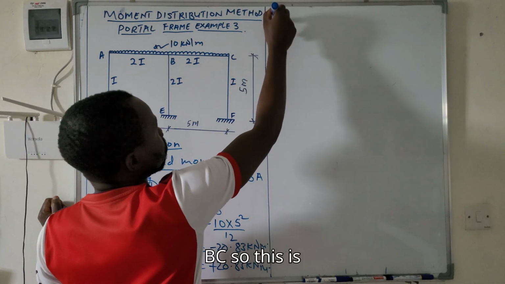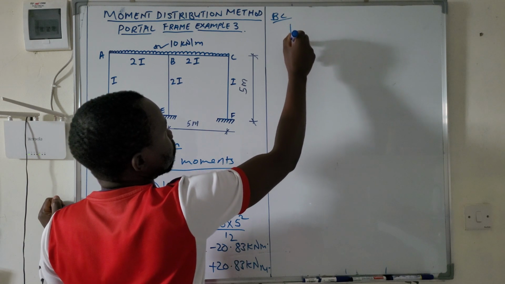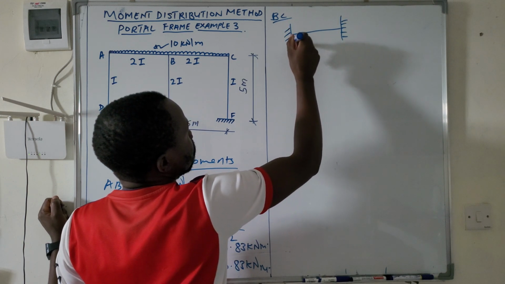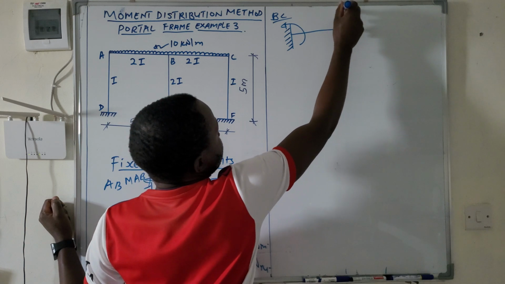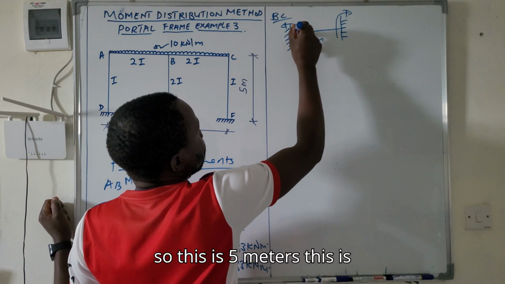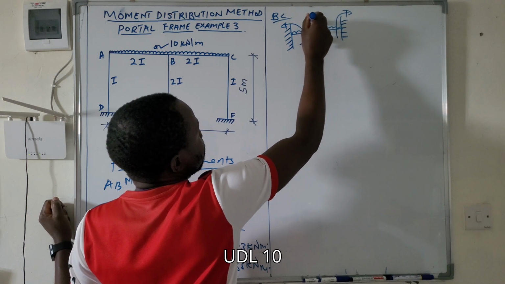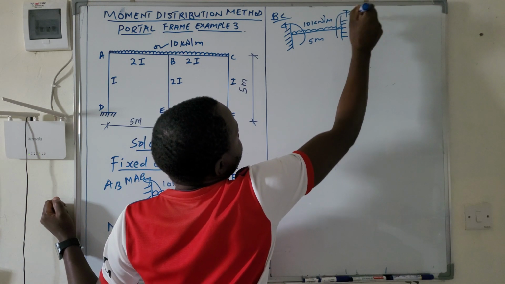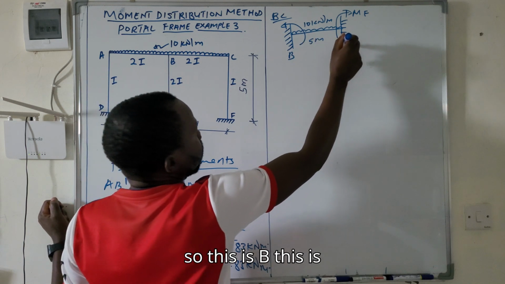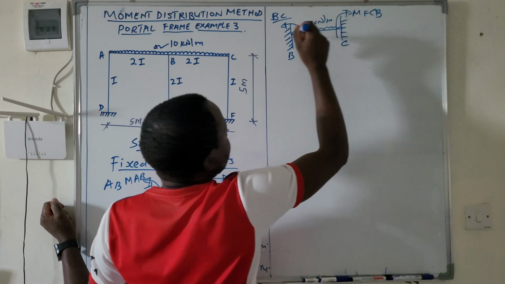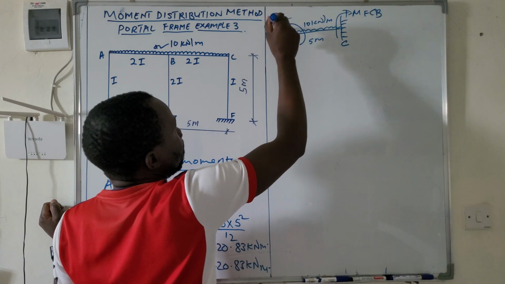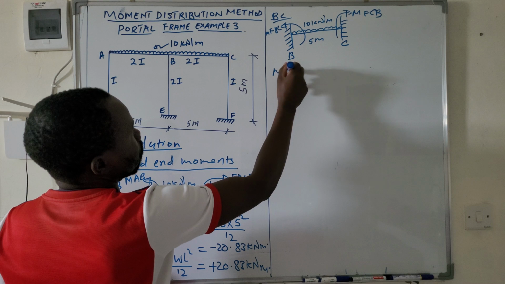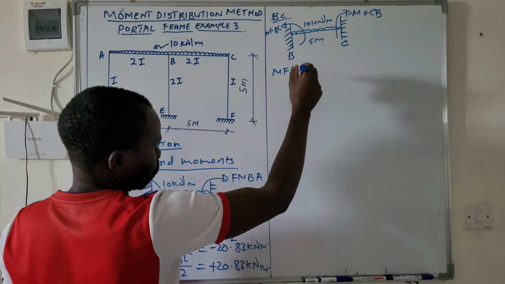We proceed to BC. So this is BC, 5 meters, a UDL of 10 kilonewton per meter. This is B, this is C. So MFBC and MFCB.